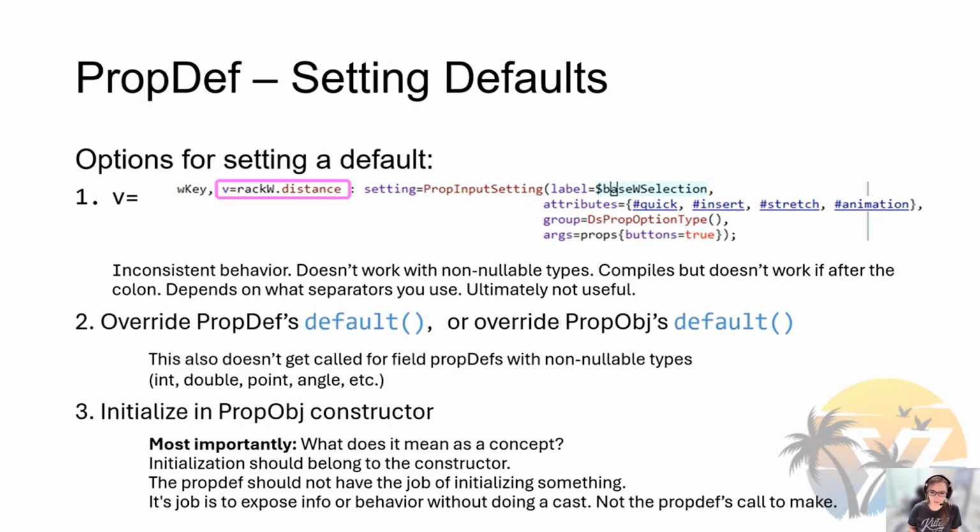Its job is to expose info or behavior. It's not the PropDef's call to make and actually do that initialization. I don't know about all of Configura, but that is definitely something I recommend: just doing your initializations in your constructor and then not even having your PropDefs initialize anything. Because logically, it should be the object initializing its own values anyway.